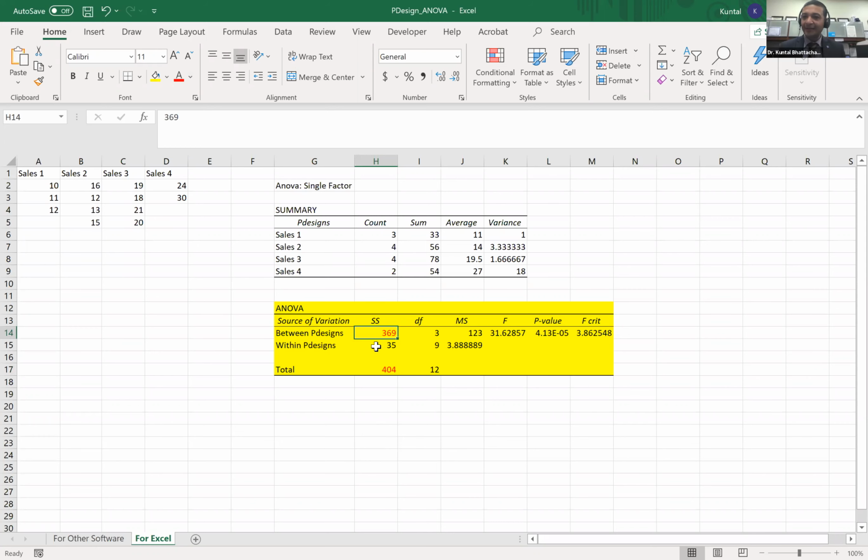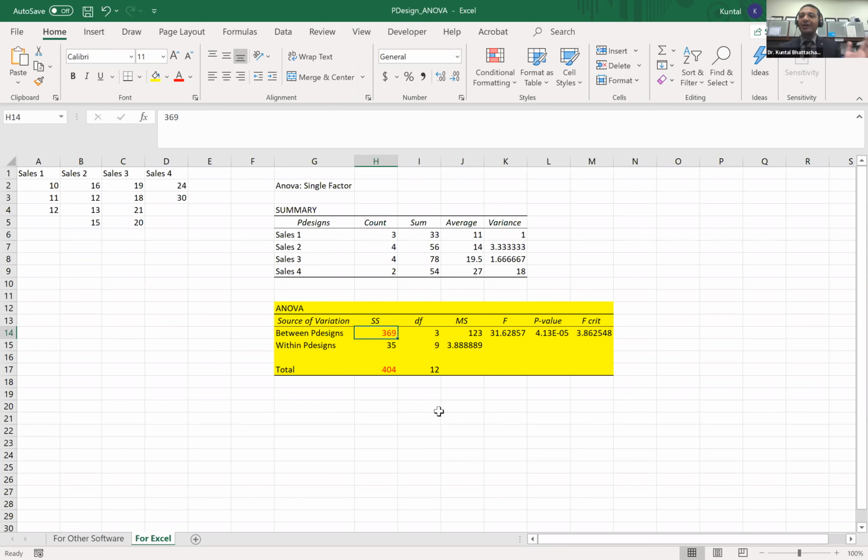So 369 is the part of the total variability 404 that is between package designs, and therefore that variability comes from package design directly. Right away, without looking into any statistics, you know that your numbers are favorable enough that your package design will be impacting sales.